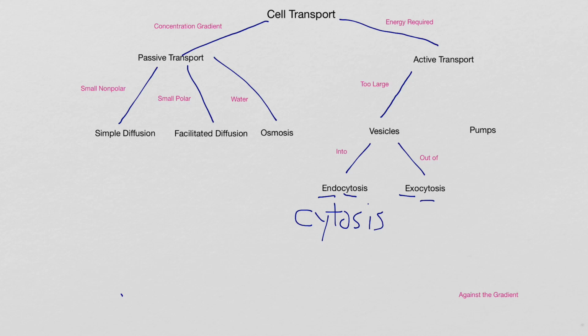So, the only other type of active transport that there is, is the pump. Now, the pump is basically moving small molecules, however you don't have a concentration gradient. So, let's say that your body needs a certain amount of salt to survive within its cells.